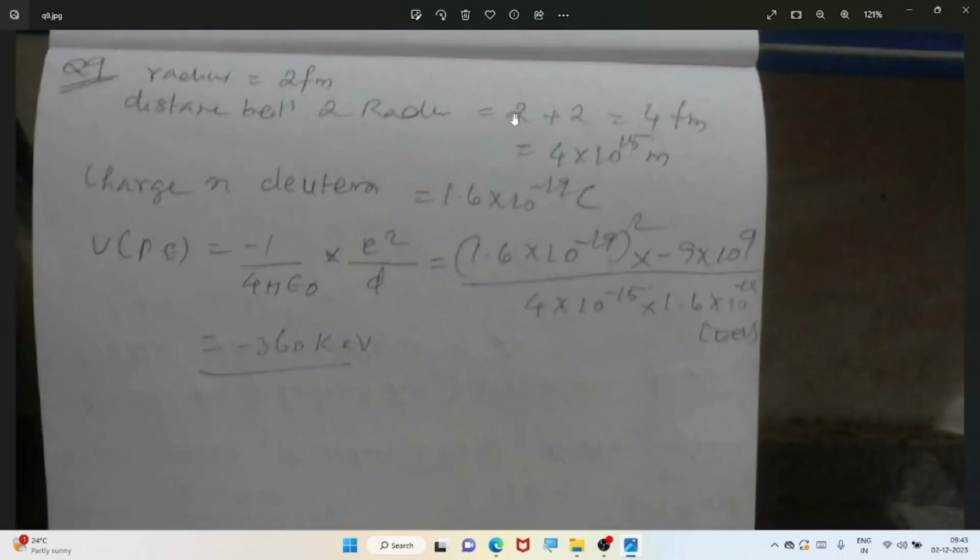Distance between them is 2 plus 2, 4 femtometer, so that is 4 into 10 power minus 15 meter. Femtometer to meter. Charge on the deuteron is 1.6 into 10 power minus 19. The potential energy from Coulomb's law is 1 by 4 pi epsilon into charge into charge, so charge squared divided by the distance. Then you will get this.